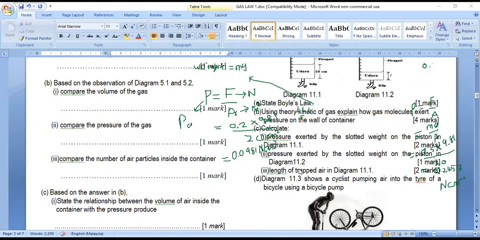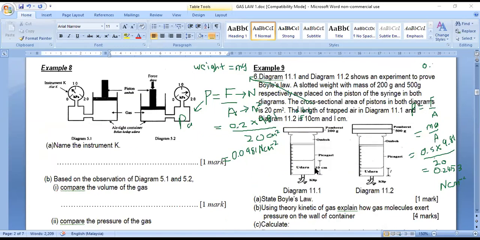Now next they ask, what is the length of the trapped air? For this you can use Boyle's law. P1 V1 equals P2 V2. The initial pressure is 0.0981.